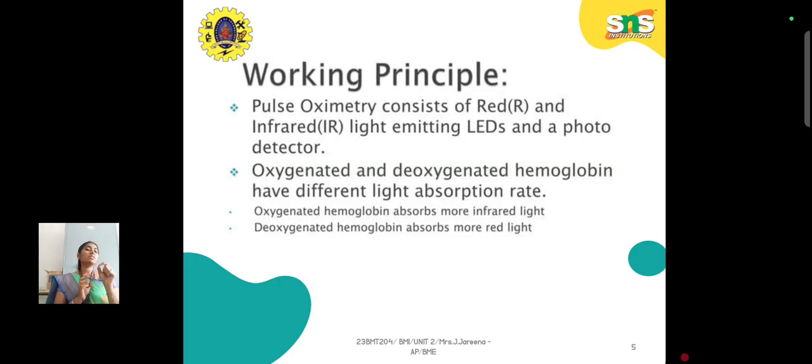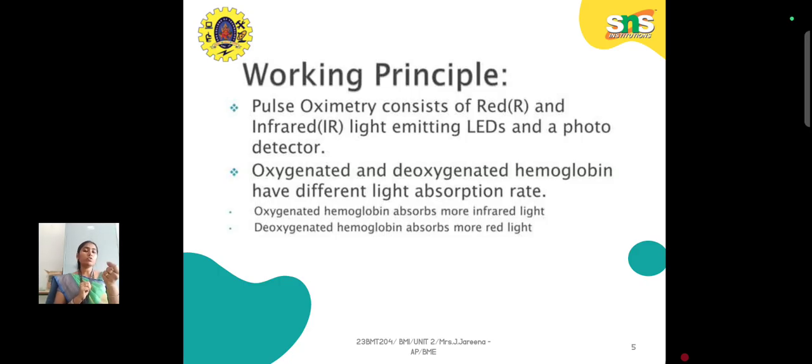And again there is a reason for choosing red and infrared. The oxyhemoglobin absorbs infrared light at a higher amount compared to red light. Similarly, the deoxyhemoglobin's absorption rate towards red light is higher compared to infrared light. Because of these unique characteristics of oxy and deoxy for red and infrared light, we have chosen these as the light source components.